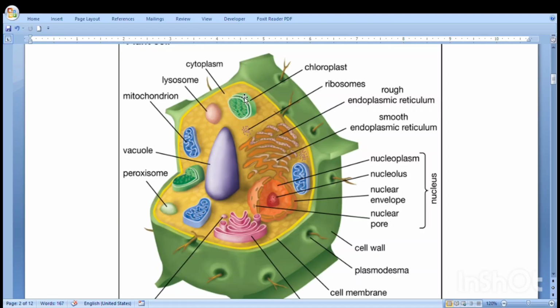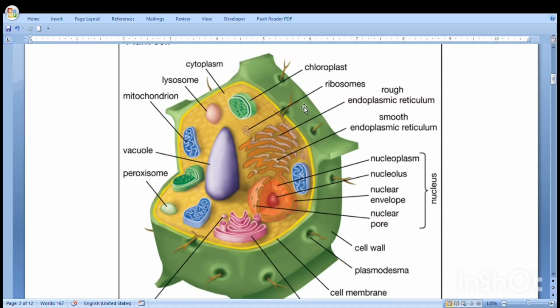It looks like a jelly-like substance inside the cell. Inside the cell, this jelly-like substance surrounds the nucleus.